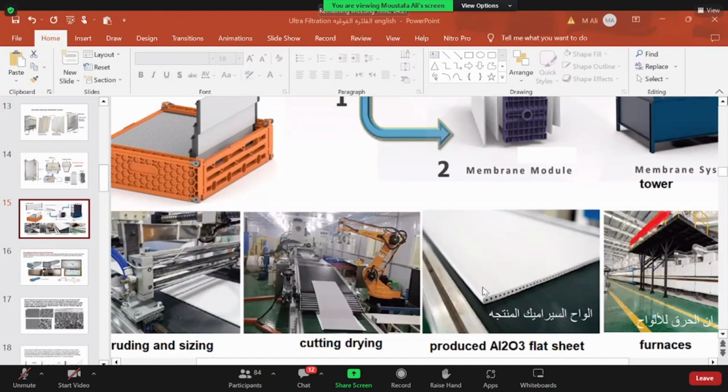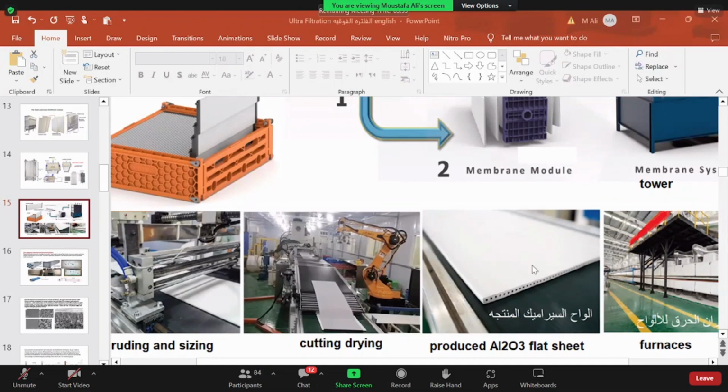I would like to highlight one very important thing: the brittleness of this plate differs from one type to another. The most consistent and very strong, durable one is aluminum oxide. You can transport it safely without many precautions, no problem at all.